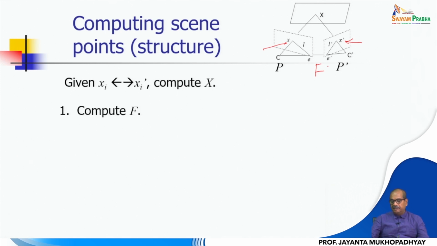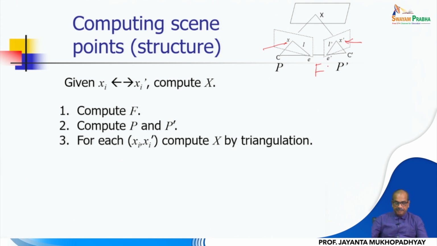If I do not give you F, of course, you can estimate F from those 2 images. From F, you can always derive a pair of matrices. This will not give you a unique scene point, but a plausible answer, and then you can extend it to the family of solutions. So, you can compute P and P prime, and then compute X by triangulation.